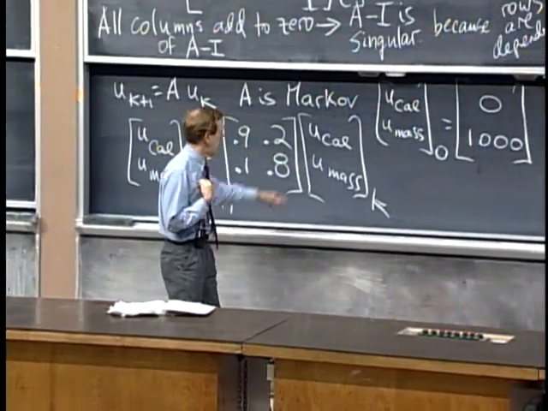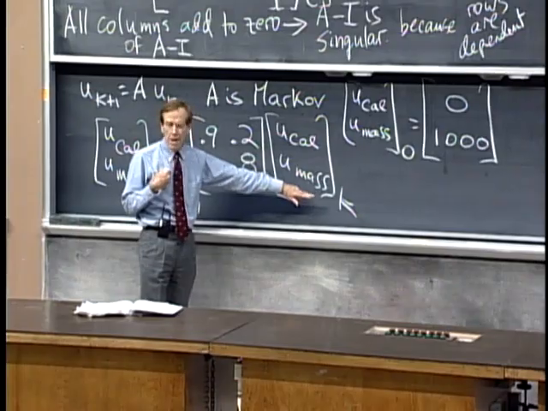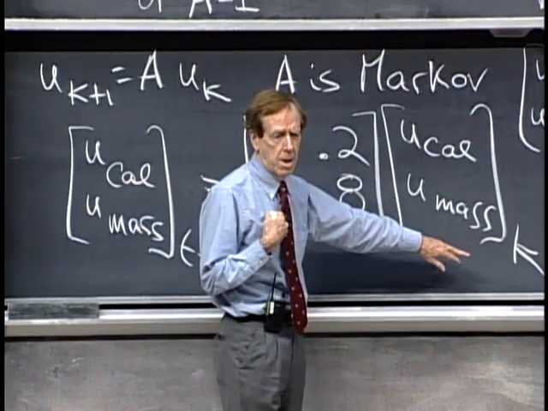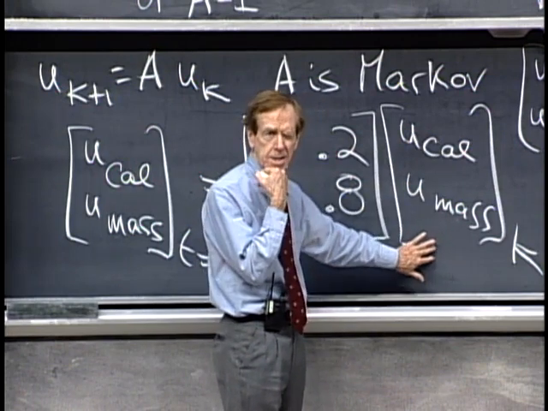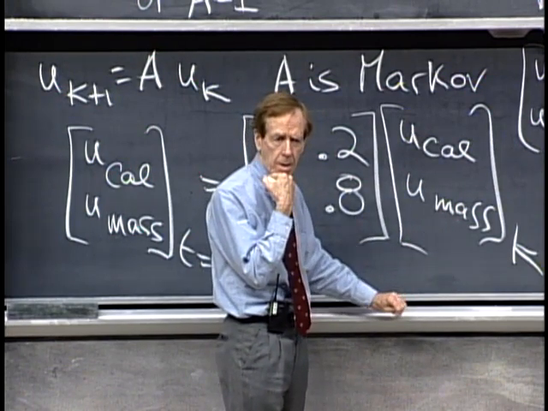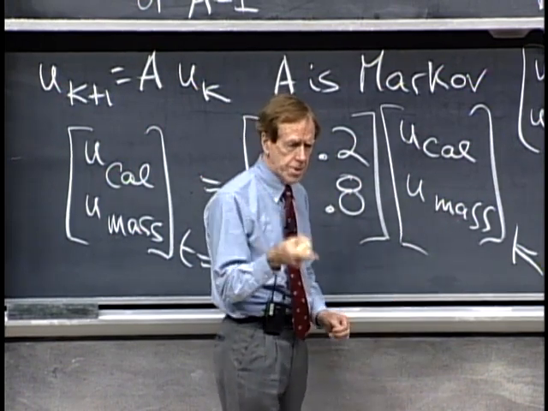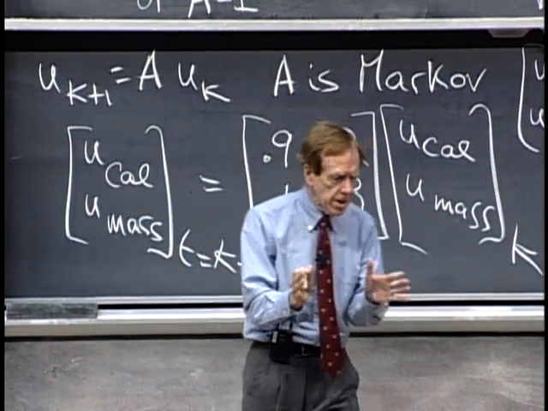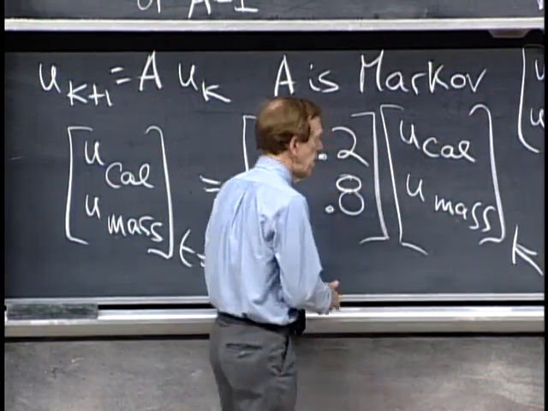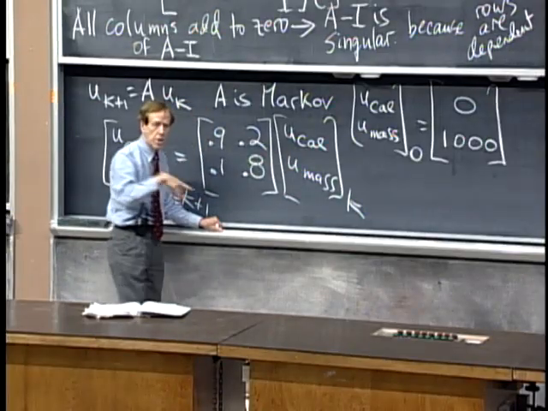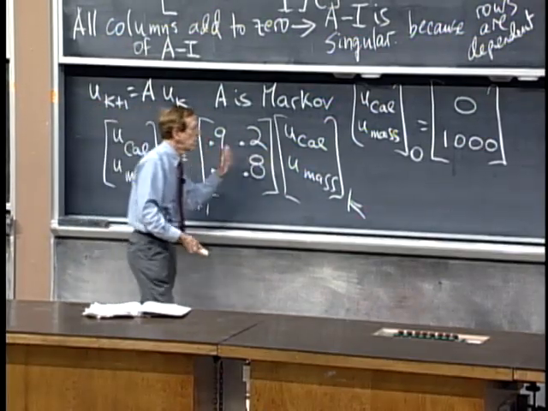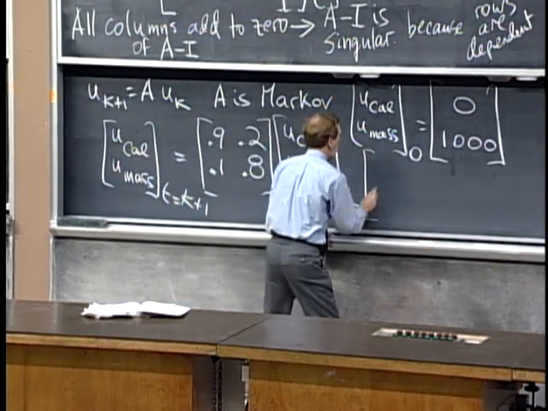What can you tell me about this population after k steps? What will UCal plus UMass add to? 1,000. Those 1,000 people are always accounted for. So UMass will start dropping from 1,000. UCal will start growing.